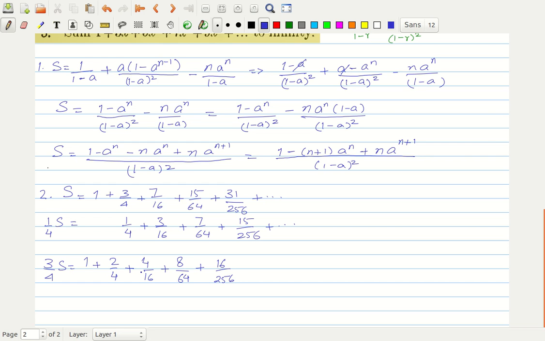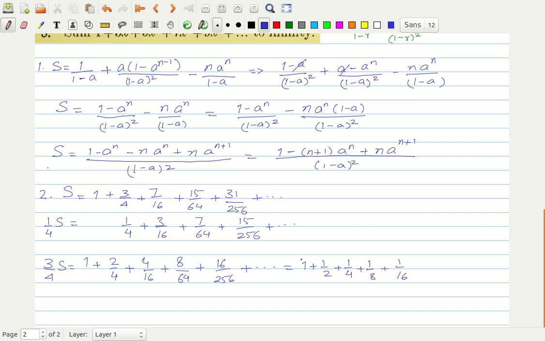Now you can see that this is equal to 1 plus 2 by 4 is 1 by 2, plus 4 by 16 is 1 by 4, plus 8 by 64 is 1 by 8, plus 16 by 256 is 1 by 16.